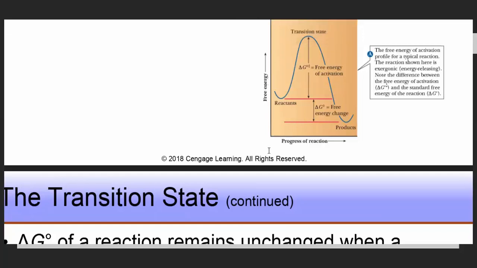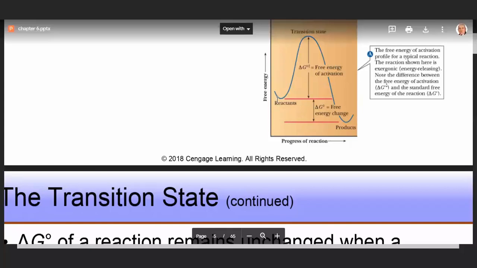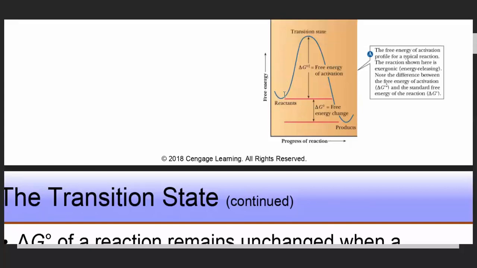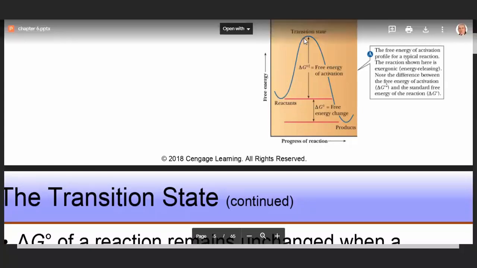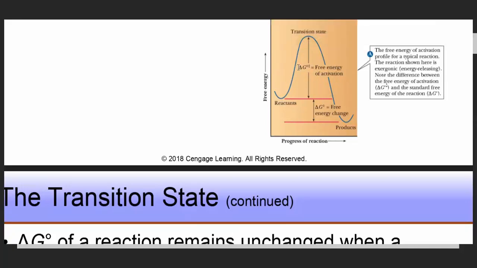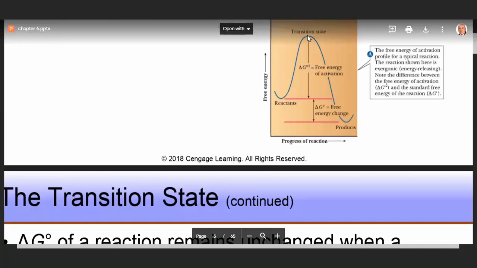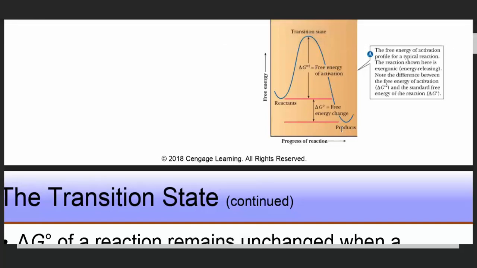If you plot free energy versus progress of reaction, you see here, you start with the reactant, and then you need this minimum energy called the free energy of activation to initiate reaction in order to reach the transition state. And then it goes down all the way to give products.